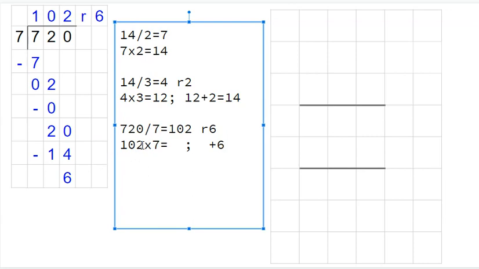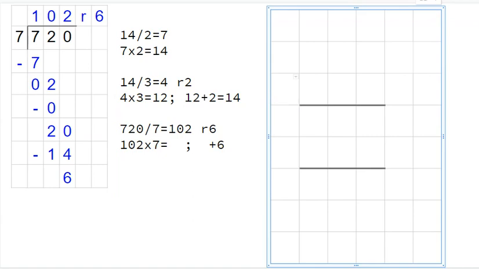Instead of doing this in our head because it's a bigger problem, let's do it over in this spot. I like to put my smaller number on the bottom, so let's put 7 right here, times 102.